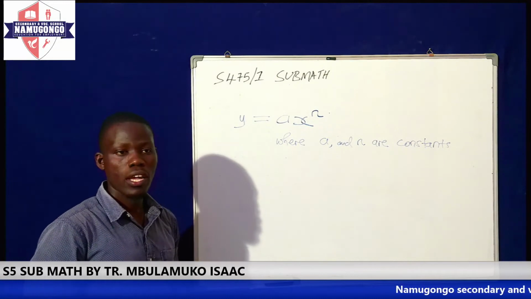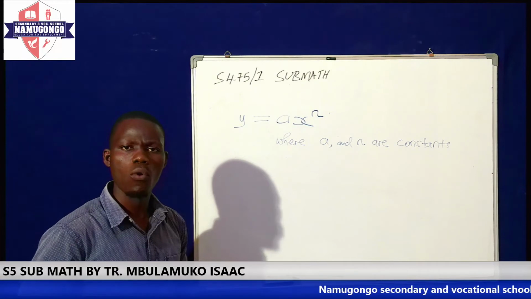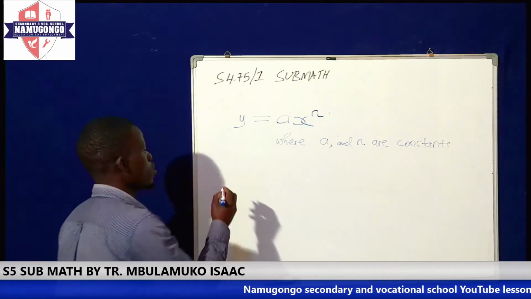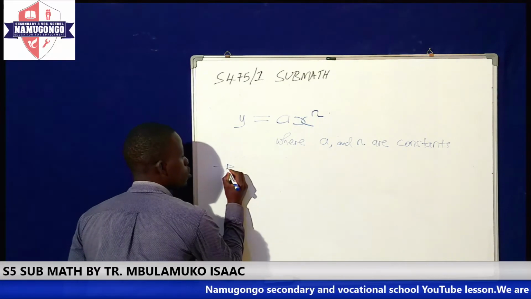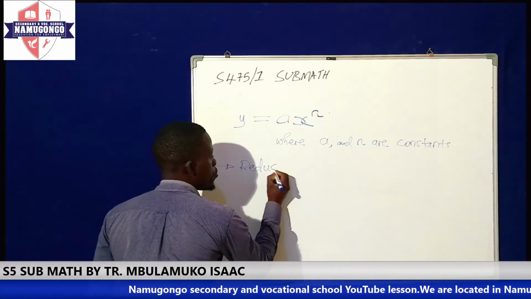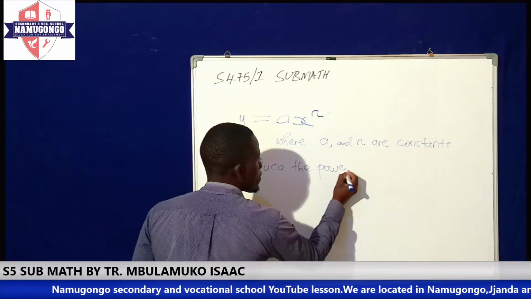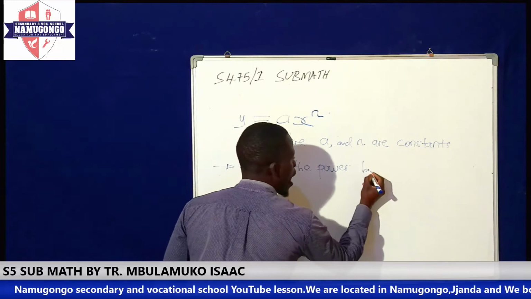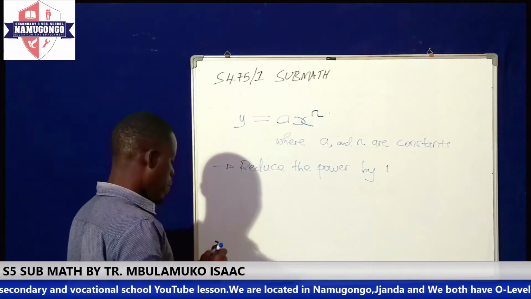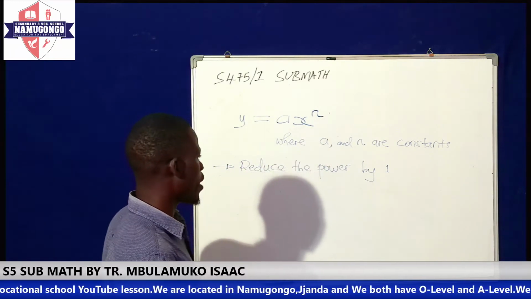Is it okay? Now, in this form, simply put, whenever we are differentiating, the first thing you note is we reduce the power by 1. We reduce the power by 1 for that power there.